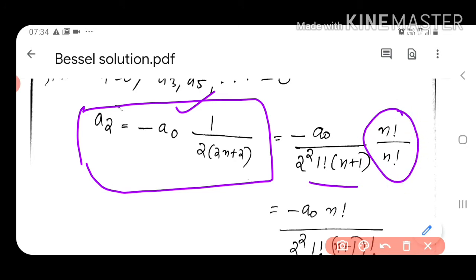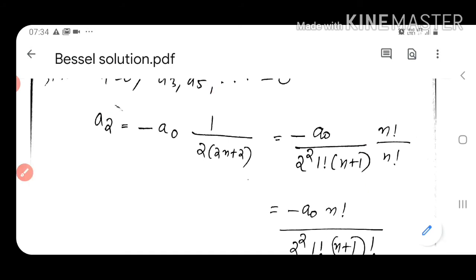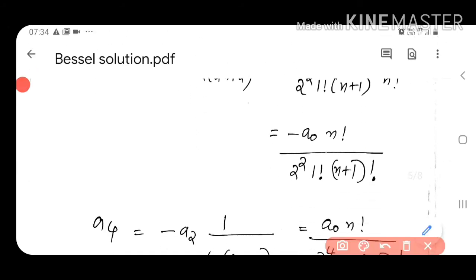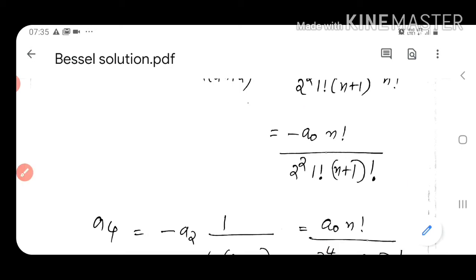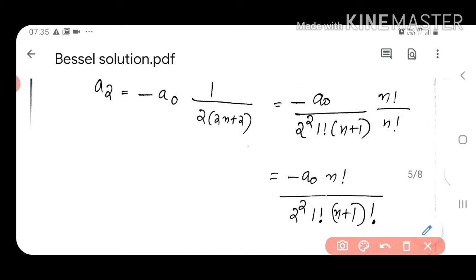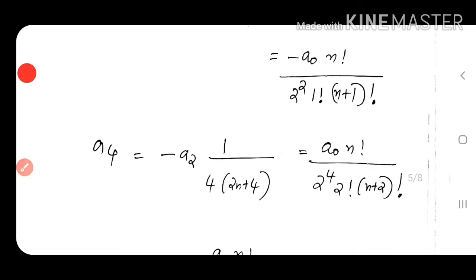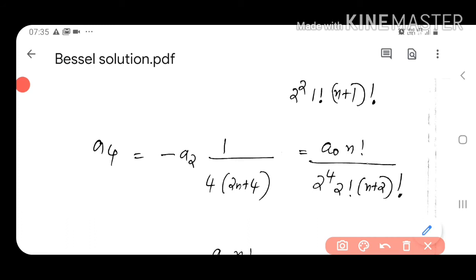Okay, so in the numerator, we will have minus a0 n factorial. Here you will have n plus 1 factorial, because n plus 1 and n factorial will combine, and we will have n plus 1 factorial here. Okay, so this is a2.